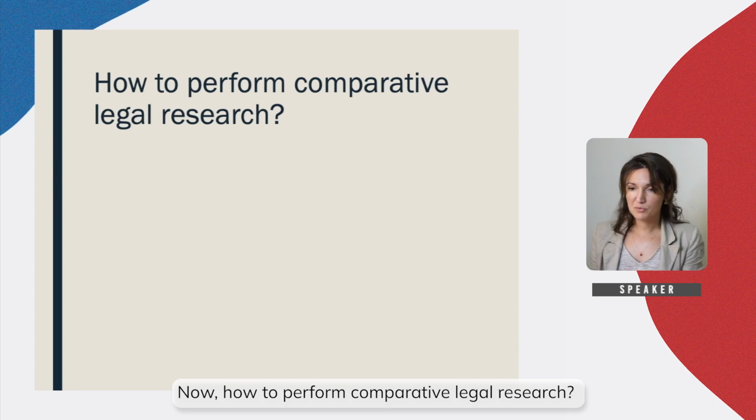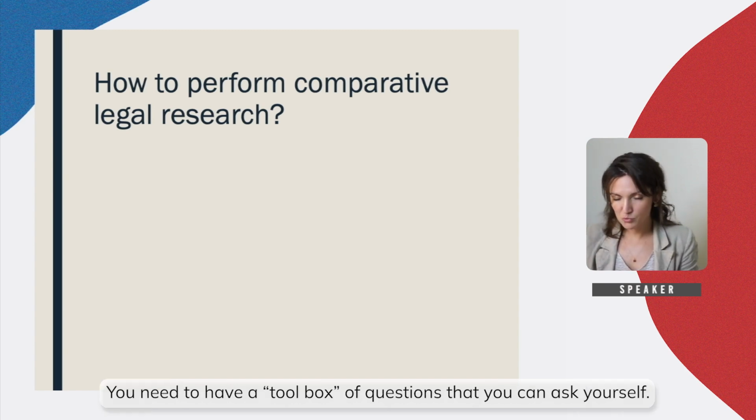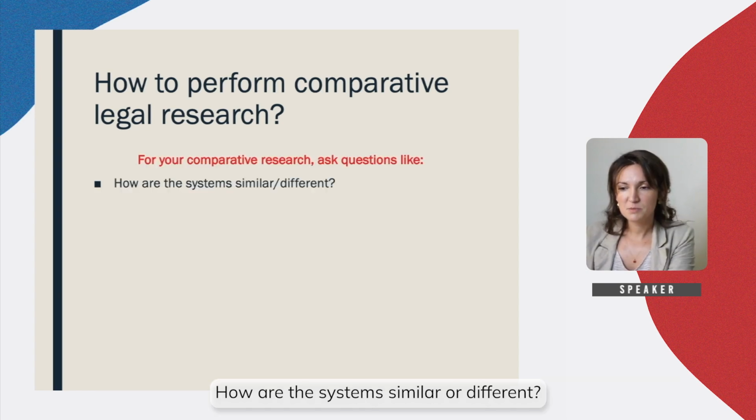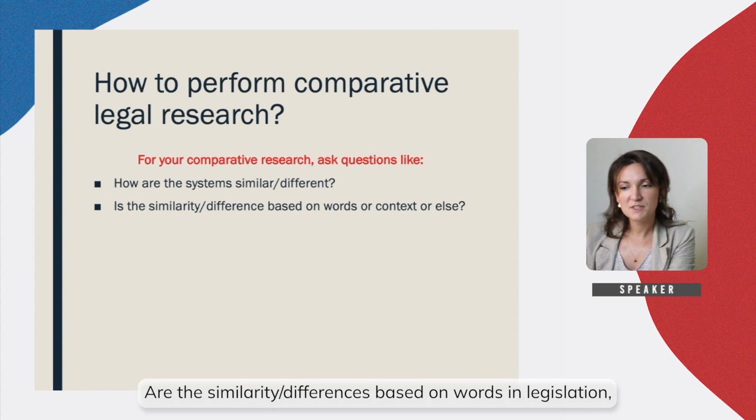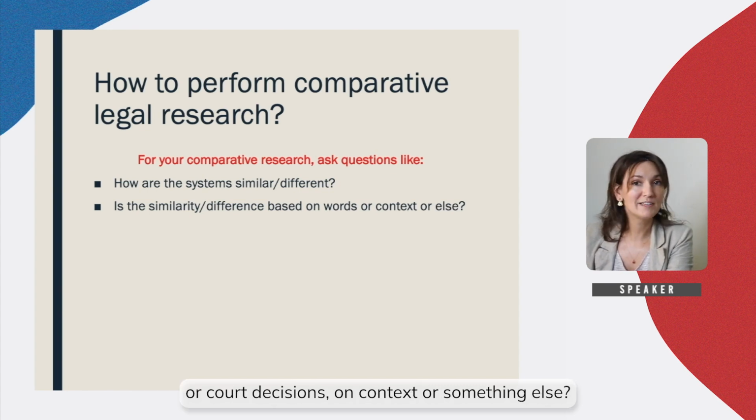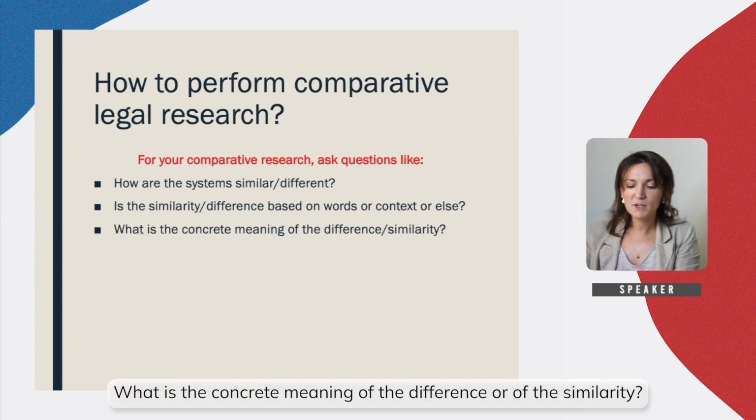Now, how to perform comparative legal research. You need to have a toolbox of questions that you can ask yourself. How are the systems similar or different? Are the similarities or differences based on words in legislation or court's decision, on context or something else? What is the concrete meaning of the difference or of the similarity?